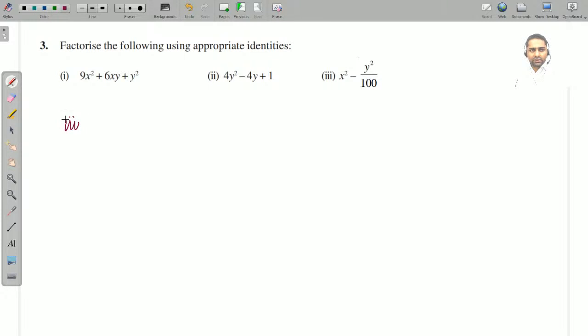Third part says x square minus y square upon 100. So this can be written as x whole square minus y upon 10 whole square.